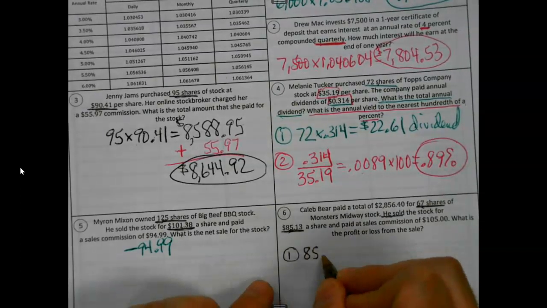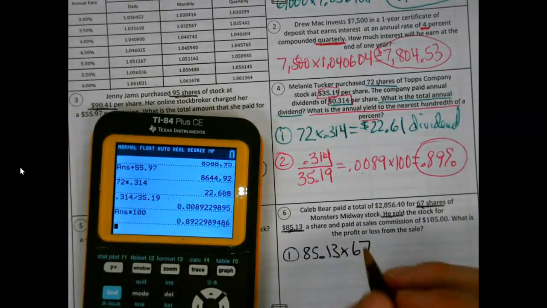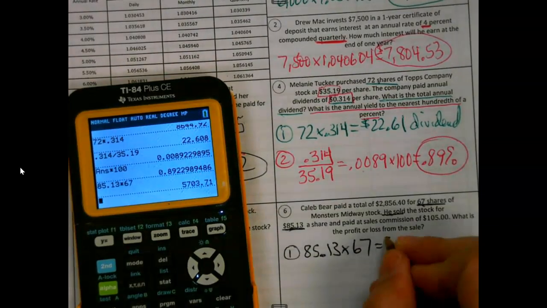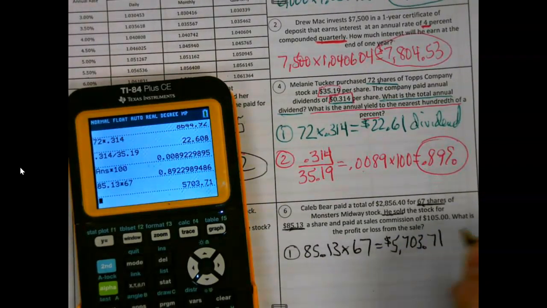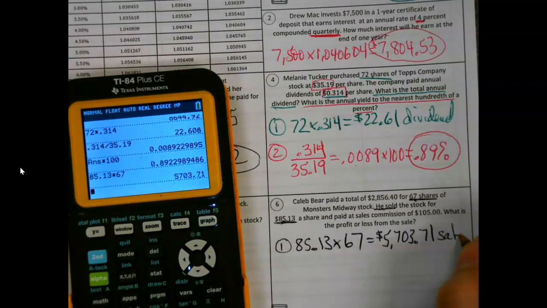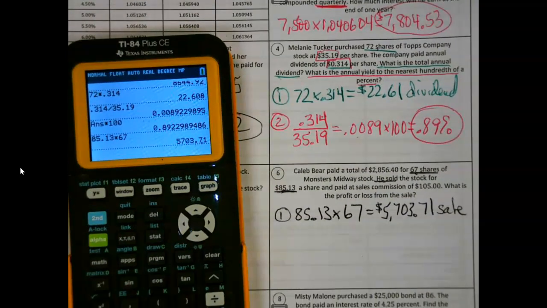So $85.13 times 67. So that is how much I got initially from the sale of my stock.